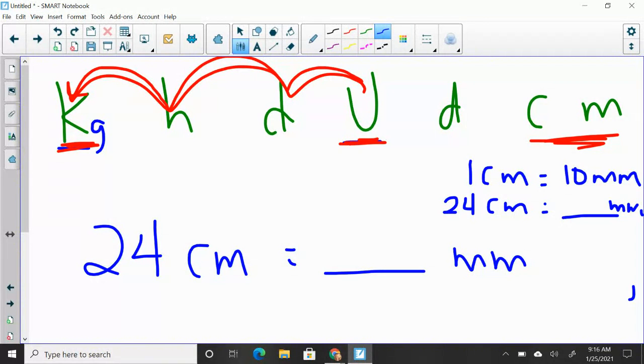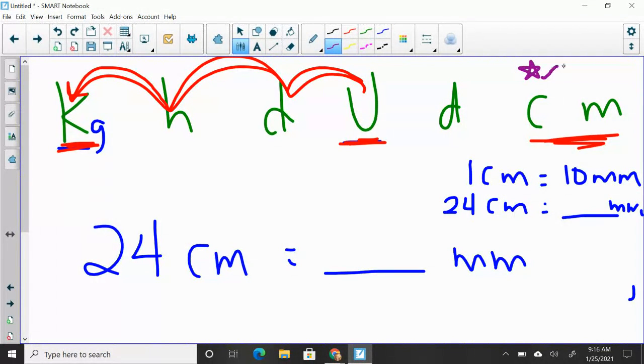How many? Not 34. If for every centimeter I have 10 millimeters, then I'm multiplying by 10. So if I take 24 and multiply that by 10, if I'm going from centimeters to millimeters, so here's my starting point.